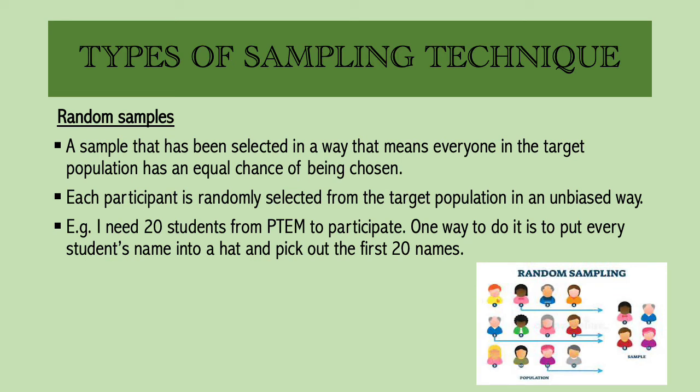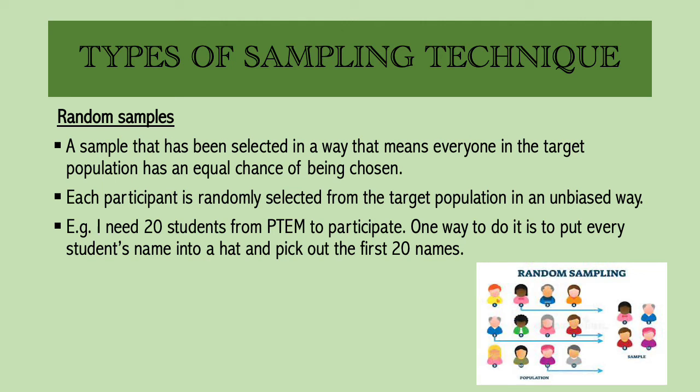Each participant is randomly selected from a target population in an unbiased way. For example, I need 20 students from PTM to participate. One way to do this is to put every student's name into a hat and pick out the first 20 names.